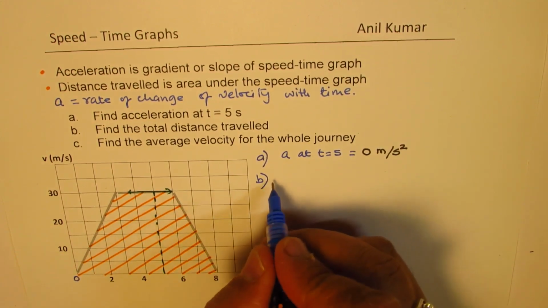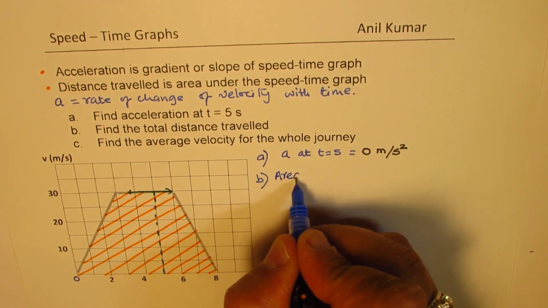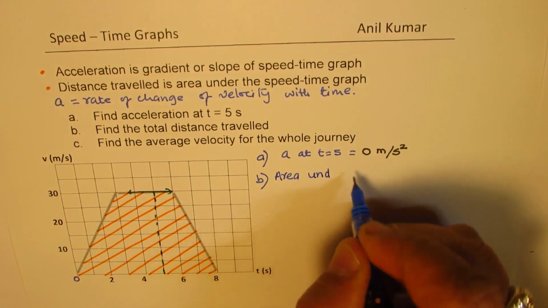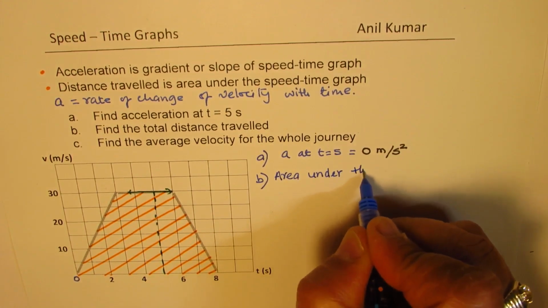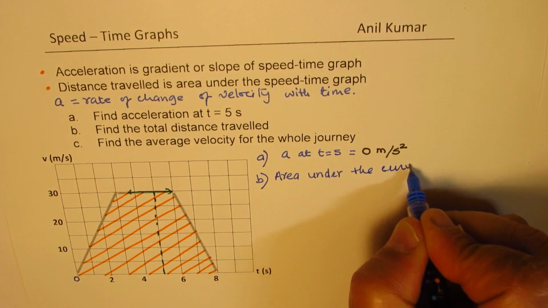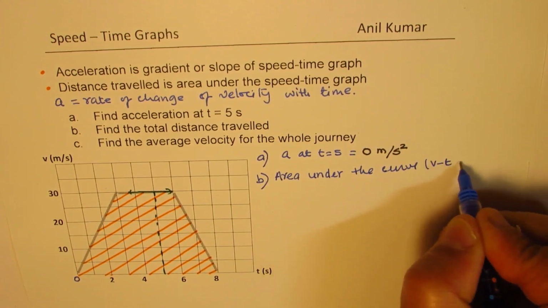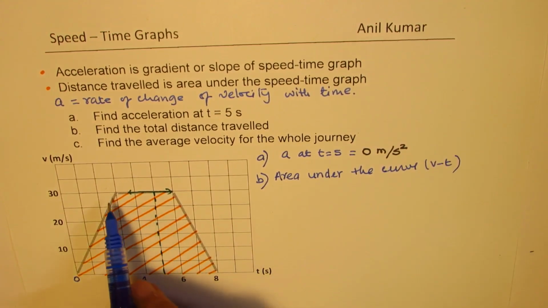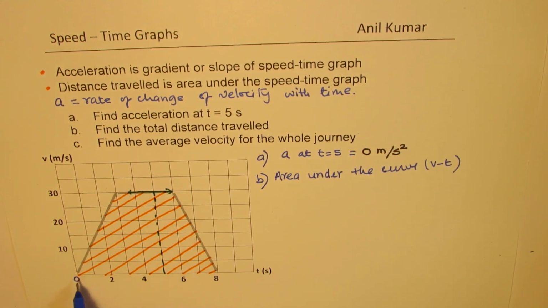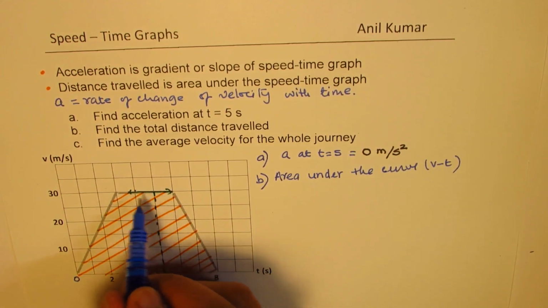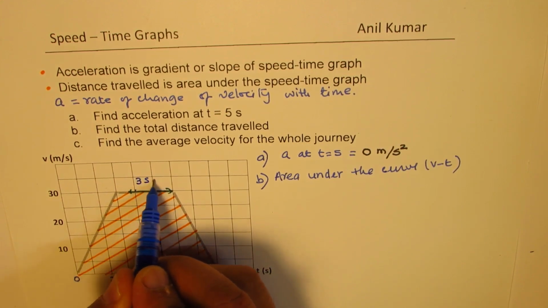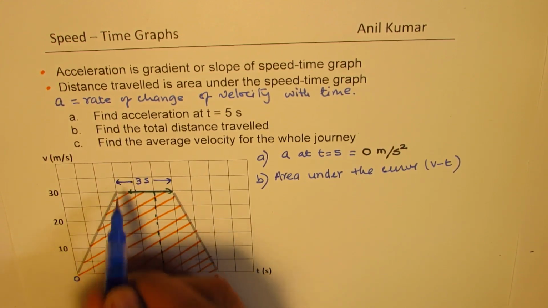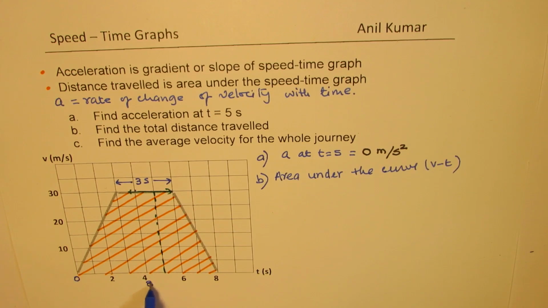So it is the area under the curve, right, which is the VT graph. So this is the trapezoid where one side is 3 seconds, 1, 2, 3. So this is 3 seconds, correct? The other side here is 8 seconds.